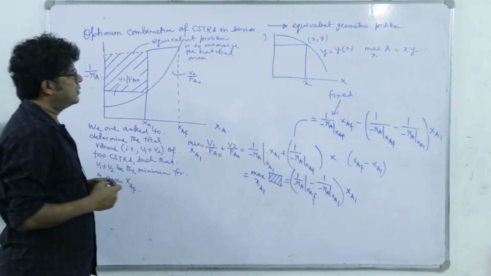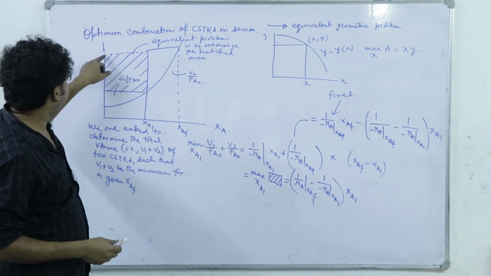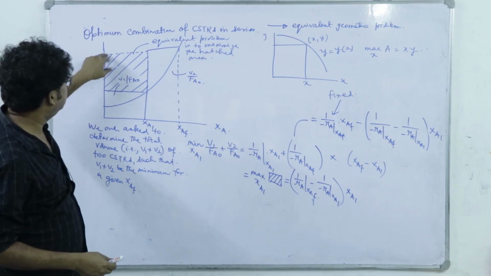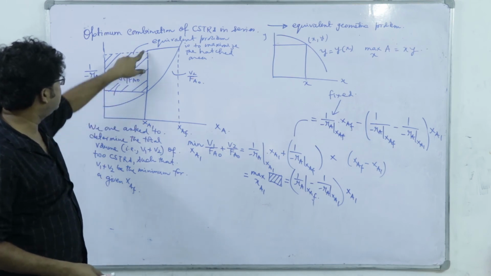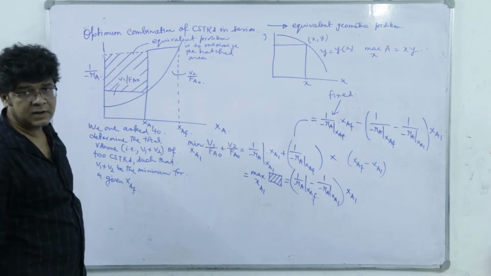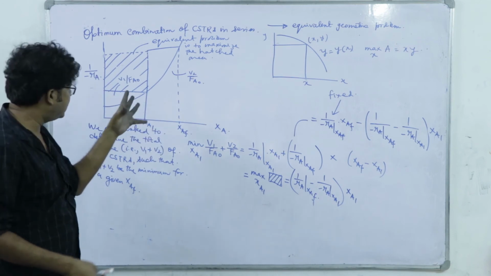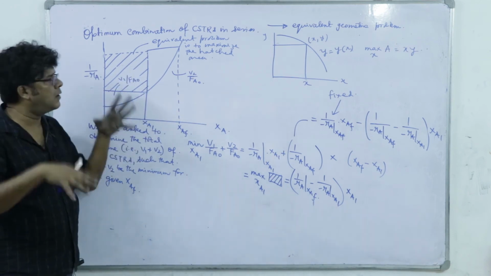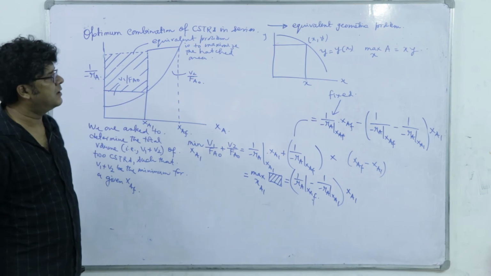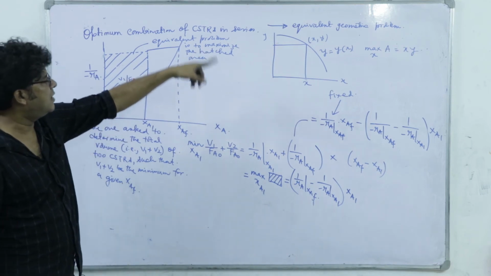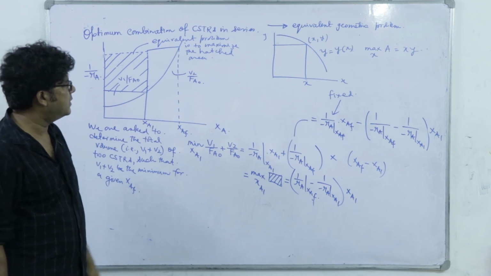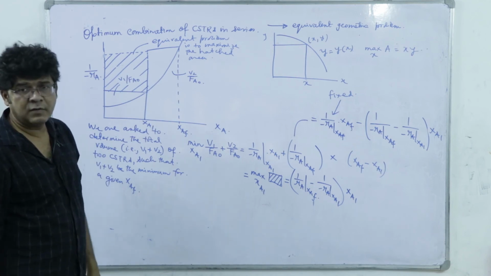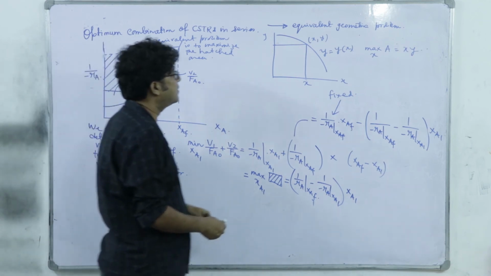So, how can we do that? Basically here y, because this is fixed, this is fixed, this is dependent on Xa1, this is dependent on Xa1, and this is 1 by minus Ra at X1. If you see this problem a bit transformed, the problem is equivalent to maximizing the area of this rectangle whose one corner is touching the curve y is equal to a function of x.